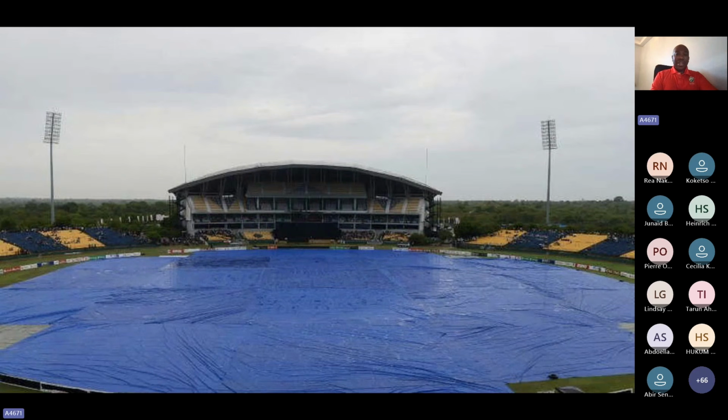So you'll often find that if there is rain at a match in Sri Lanka, especially an international match, they won't just cover the pitch, they won't just cover the square, they will cover the entire outfield as well. You'll find as well underneath the main covers for the field, there are extra covers covering the playing strip, just to make sure that the pitch does not get any water on it.